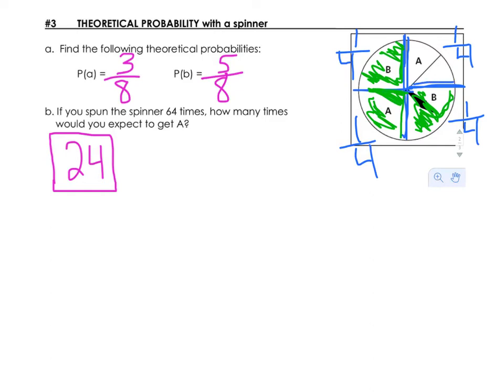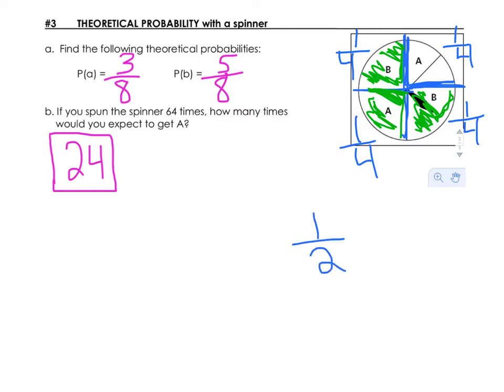I'm looking at this section right up here. Now, this whole thing makes up a section of 1/4 of my whole spinner. But this section of 1/4 is split into 2 equal pieces. So splitting something into 2 equal pieces is really like splitting it into 1/2.